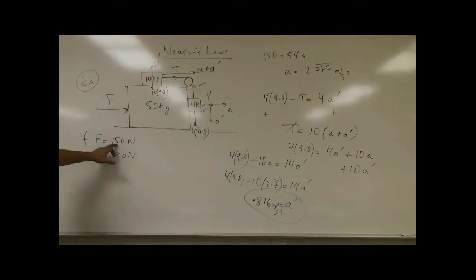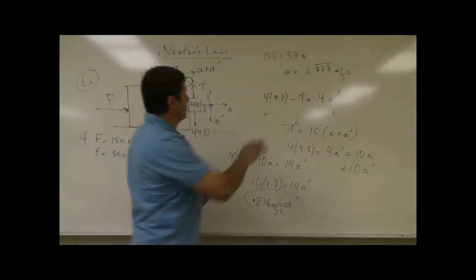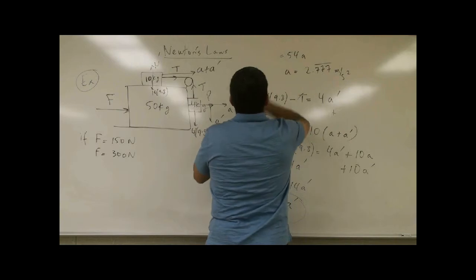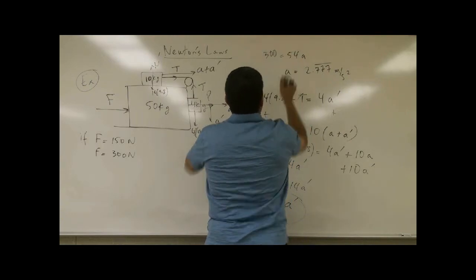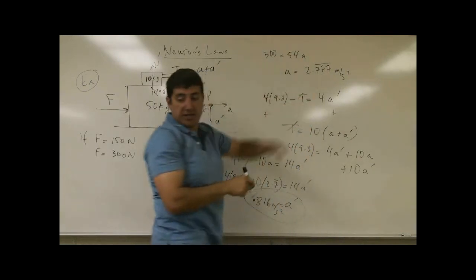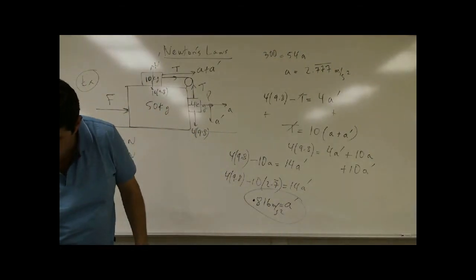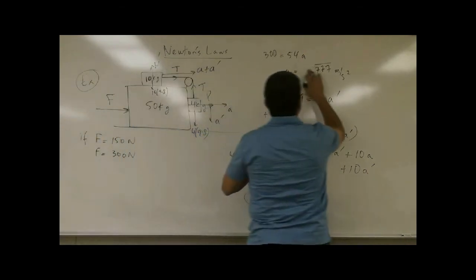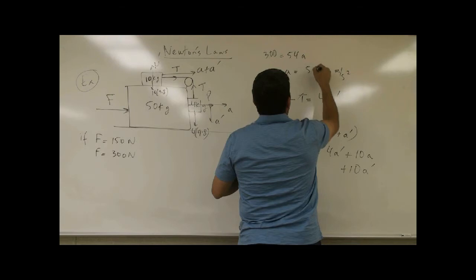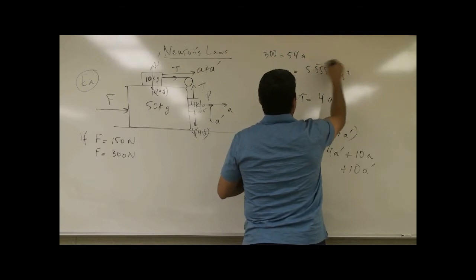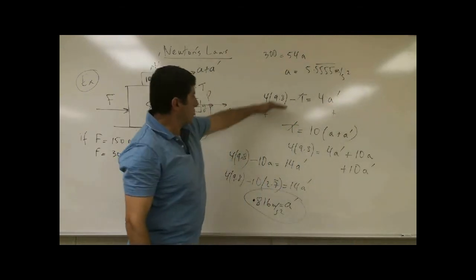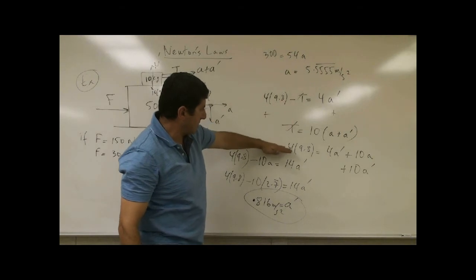Now, if you exert a force of 300, what's going to happen? Well, you can go through it and you put here 300. What will happen? The acceleration will be double that, right? So 2.77777 times 2, 5.5555, repeating fives. The rest of everything goes the same way.